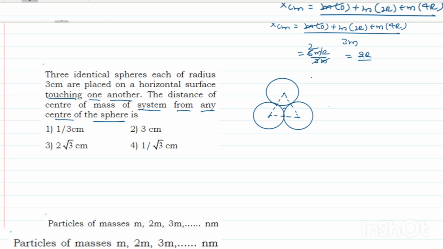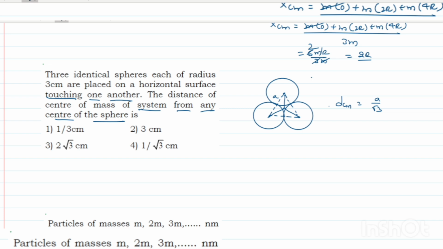So the centroid is at a by root 3 distance from each vertex. Suppose you take the side as a, the distance of the center of mass is a by root 3. This is the location of the center of mass.